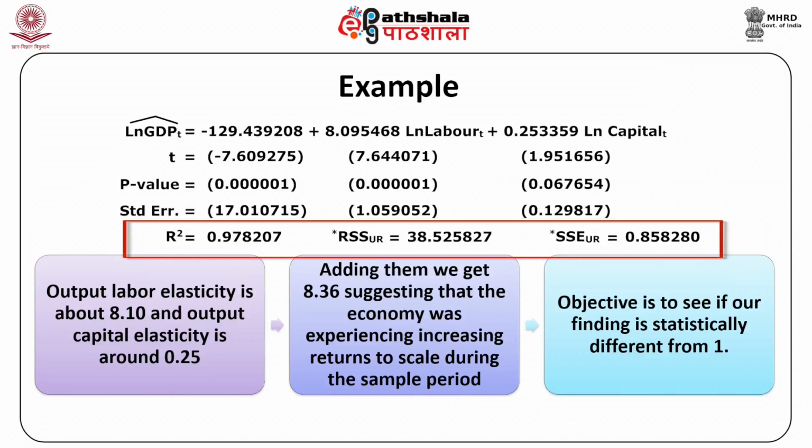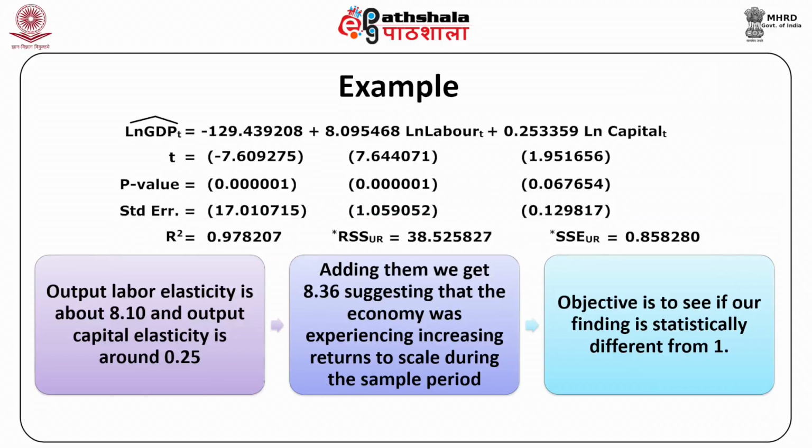Star: SSE_UR is equal to 0.858280. As the results show, the output labor elasticity is about 8.10 and the output capital elasticity is around 0.25. Adding them, we get 8.36, suggesting that the economy was experiencing increasing returns to scale during the sample period.